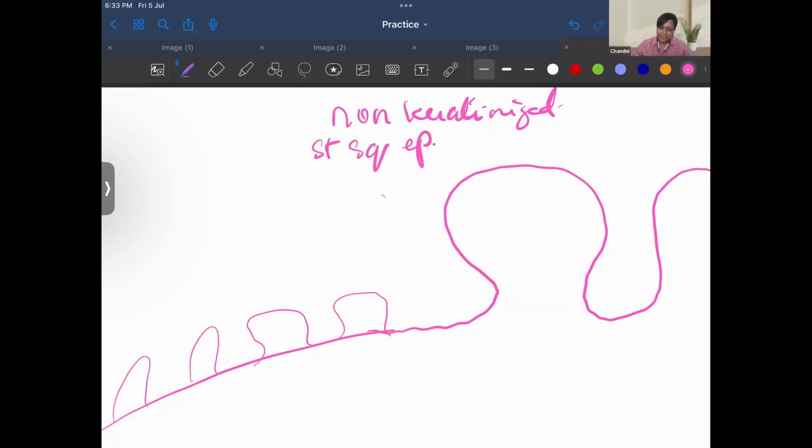So, right. Okay, so now one interesting key feature here is that there is a deep groove between the two adjacent circumvallate papillae, okay? And that groove is also lined by the stratified squamous epithelium, okay?